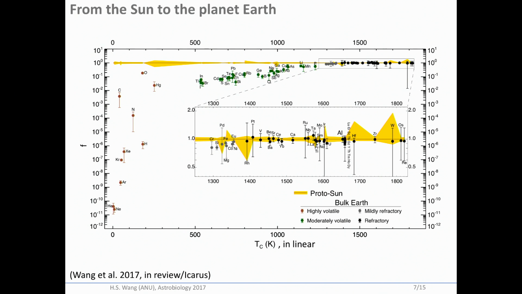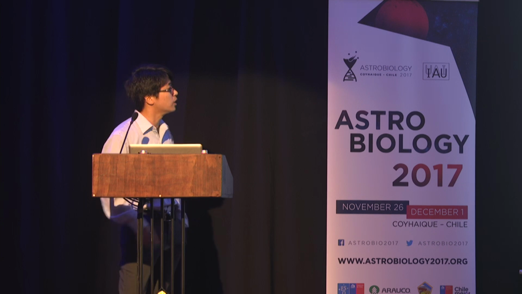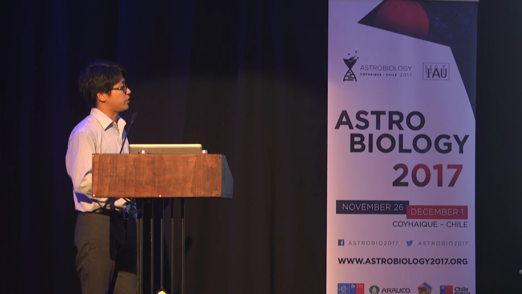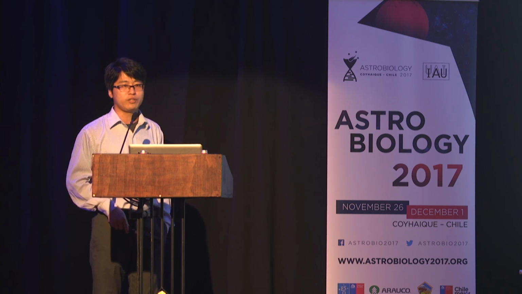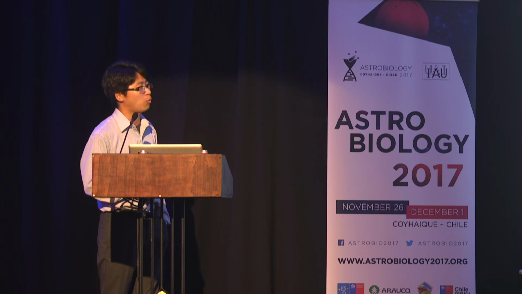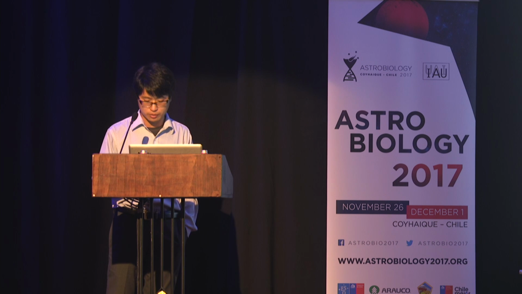But the green dots show the moderately volatile elements, which are depleted in the terrestrial planet relative to the sun, and their depletion scale increases as the elemental condensation temperature, Tc, decreases. The highly volatile elements are highly depleted in the terrestrial planet and scattered around in the lower region of Tc.